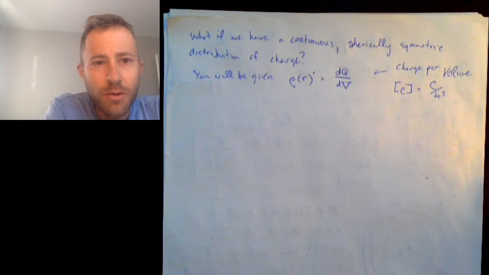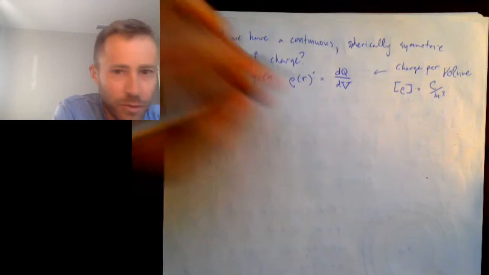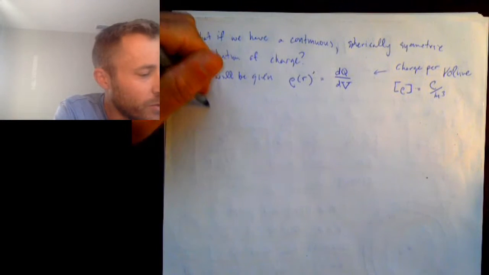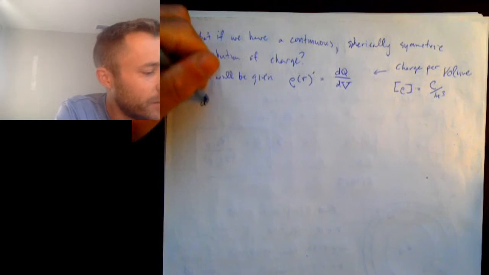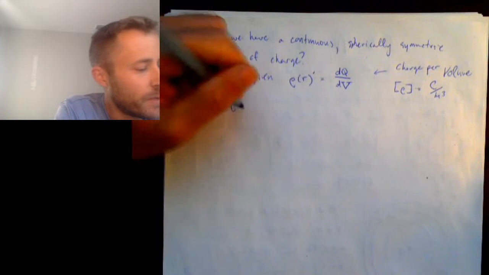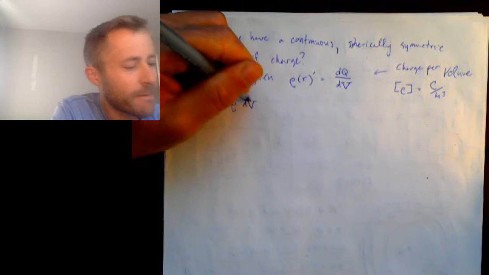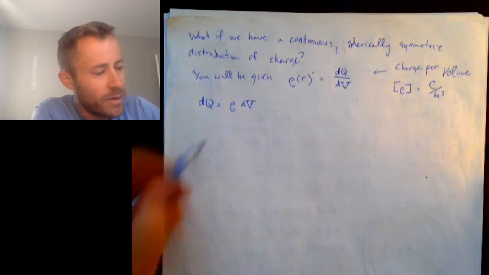So how can we get the charge enclosed? Well, what we do is we take both sides of this equation and we multiply by dV. So we have dq equals rho dV, like that. So then what does that mean, d volume?